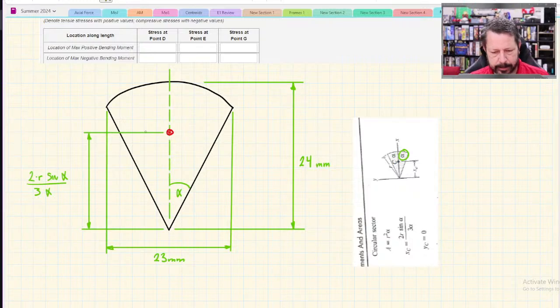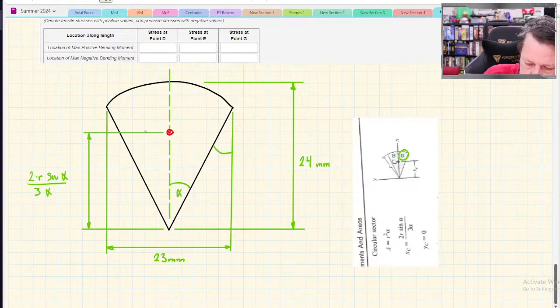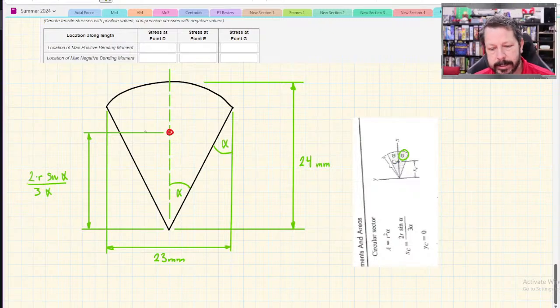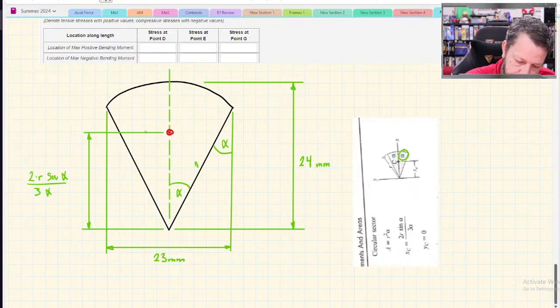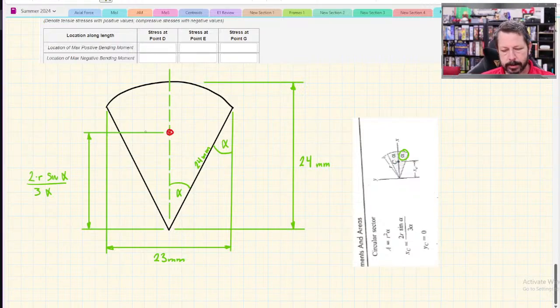Let's see. I think we can get alpha because this would also be alpha, alternate interior angle, whatever you call it. That's alpha. We don't have those dimensions, but we have the radius. It doesn't look like we have the radius, but the radius is 24 millimeters, right? That distance is 24 millimeters. And we have half of 23 as this distance.